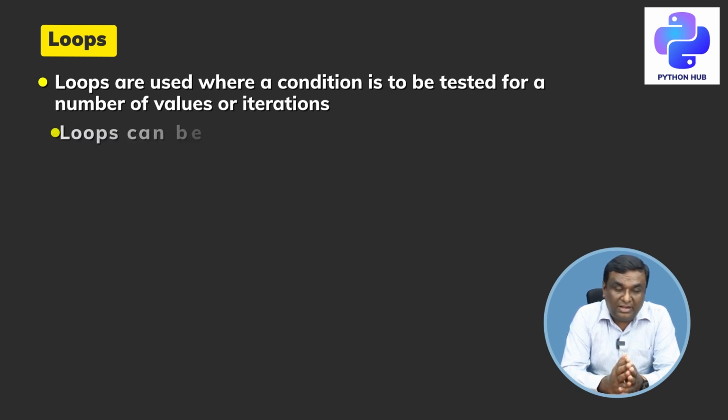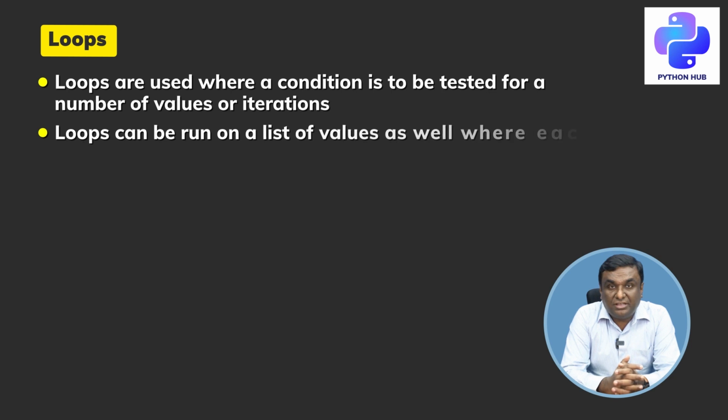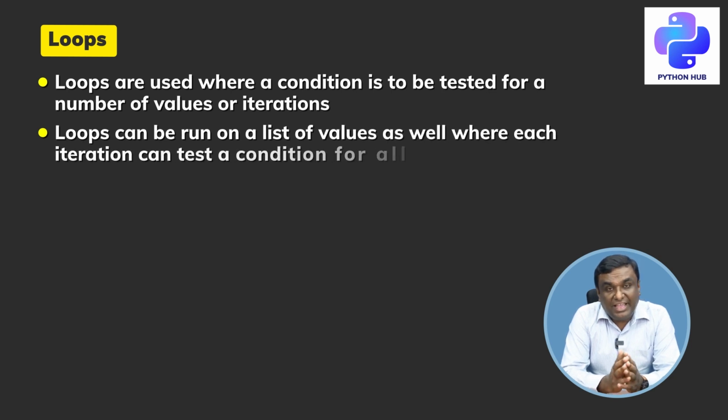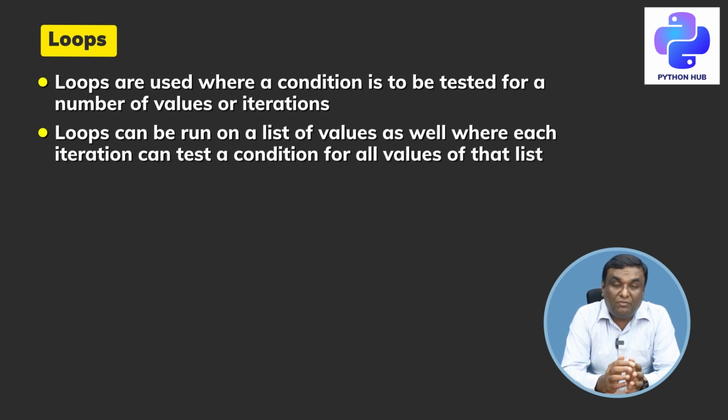So loops can be run on a list of values as well as where each iteration can test a condition for all values of that list. This is how the loops are executed. So if you notice, the first loop statement that you're going to learn is for loop.